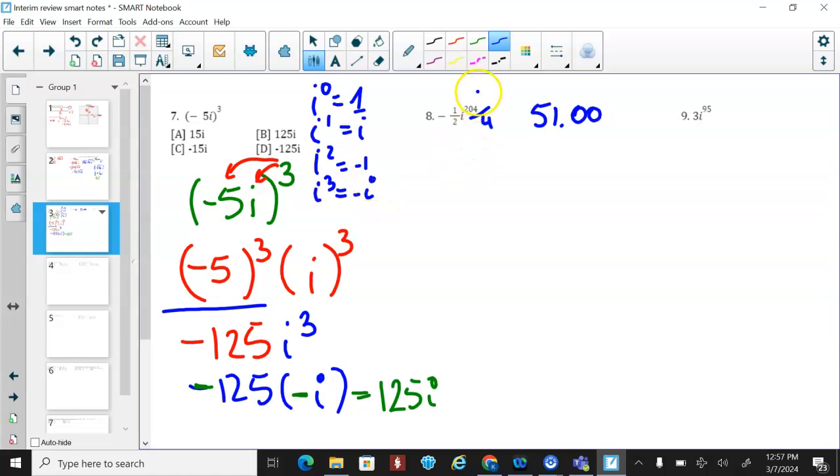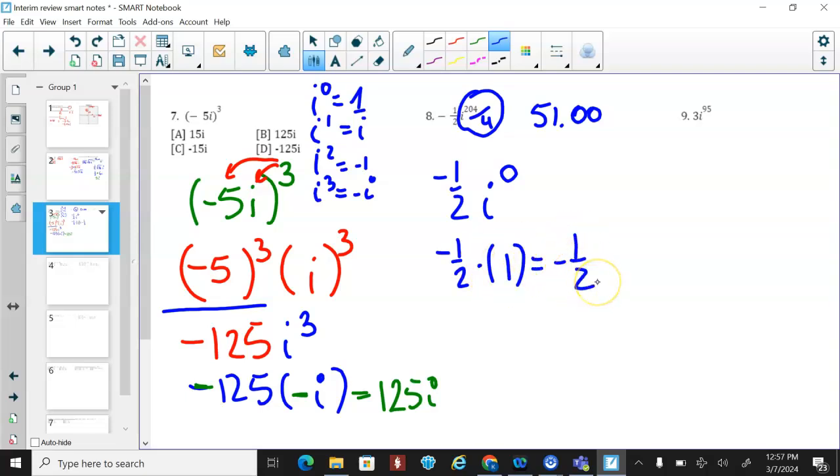So now we replace this big i to the 204, negative 1/2 carries over, with i to the 0 power. Now i to the 0 power, as we know, is 1, so we can replace that with a 1, and your answer is just going to be negative 1/2.